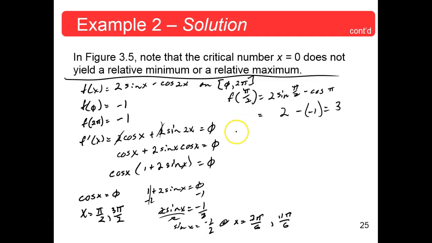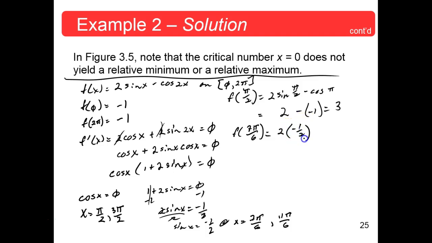Let's try another one. Which one do you want to do next? 7 pi over 6. Doing it like the book and taking them in order, I kind of like to do that too. That would be 2 times the sine of 7/6 pi. We just did that, that's negative 1/2.